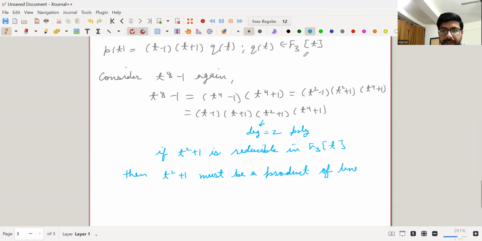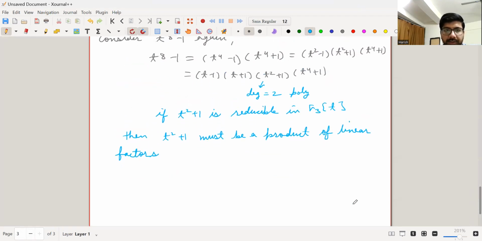Because if it is reducible, then one has to write it as two polynomials of lower degree, which means that in case of degree 2, you just have the possibility that it has to be a product of two linear factors, right? And that means it has both the roots in F3 only.